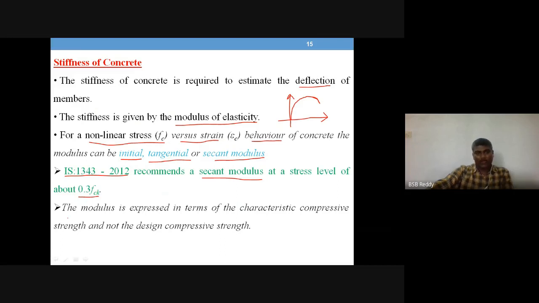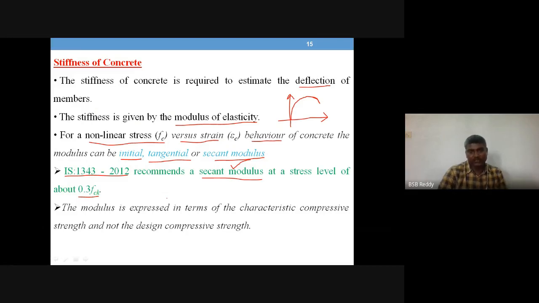So 0.3 times FCK is the level of stress at which you have to estimate the secant modulus of concrete. That will be noted as Young's modulus of concrete. So why is this required? Because you don't have the linear portion in the stress strain diagram of concrete.